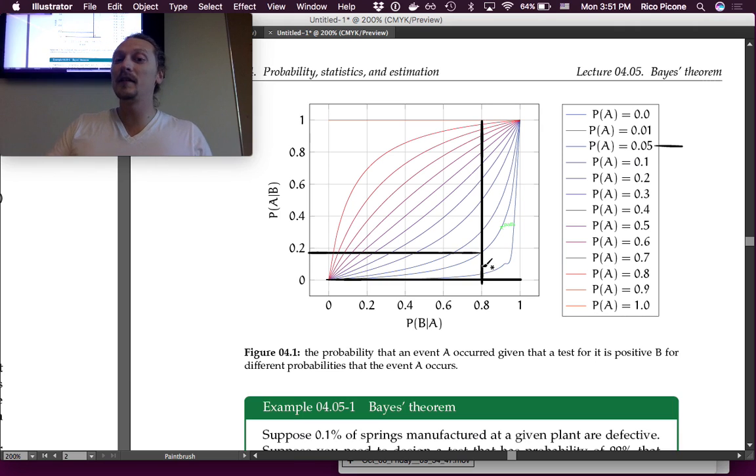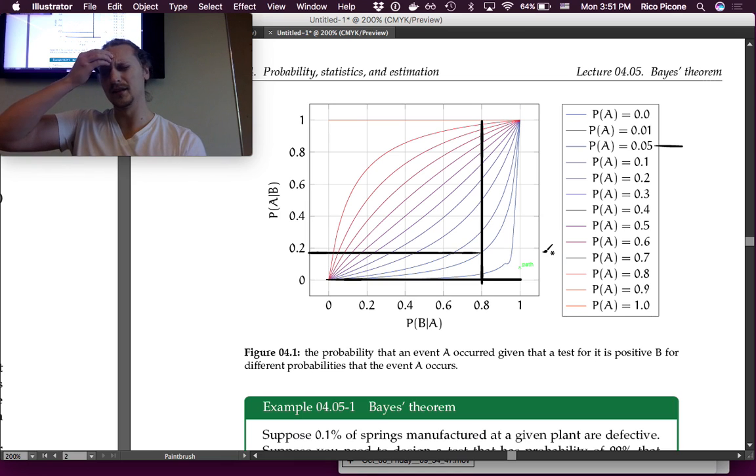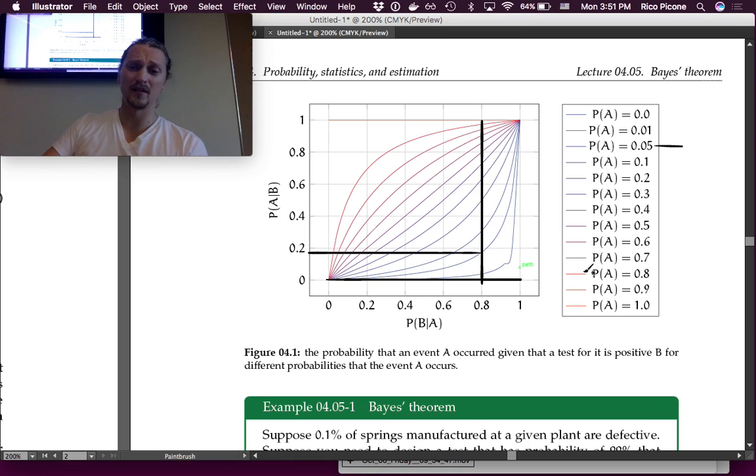So even if you have an 80% effective test, if you have a positive result, there's still only an 18% chance you actually have it. Some diseases are much more rare than 5%, though. There are some extremely rare diseases, and you can see that. I went down to 1%, but then I started to run into issues with the solver having numerical precision errors. But this curve goes way out here.